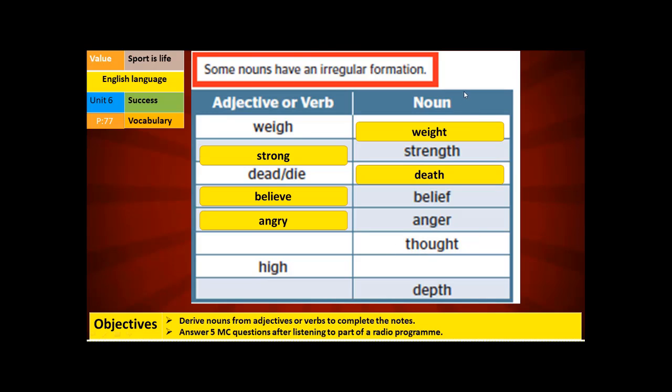Thought is a noun deriving from the verb think. The adjective high can be used to form the noun height, and depth derives from deep. Finish it with your student's book.